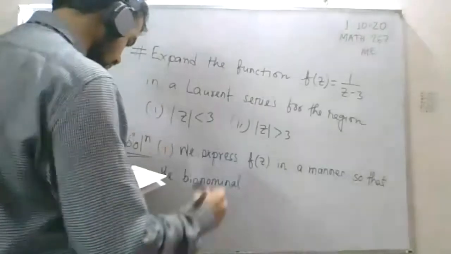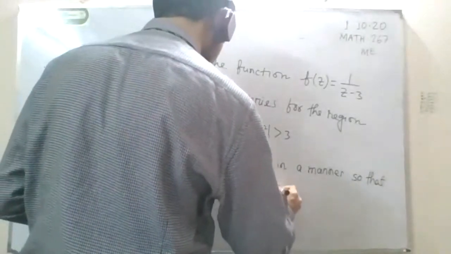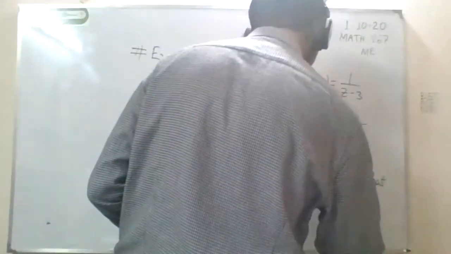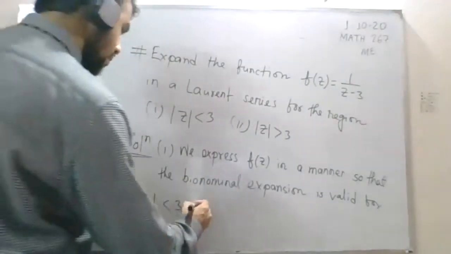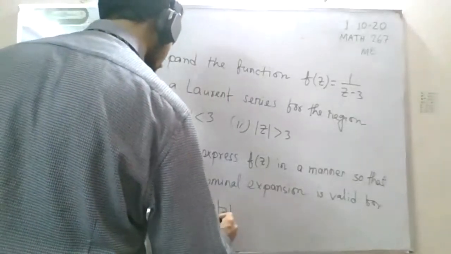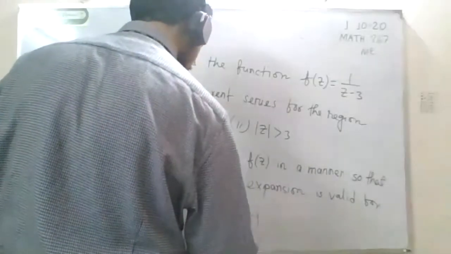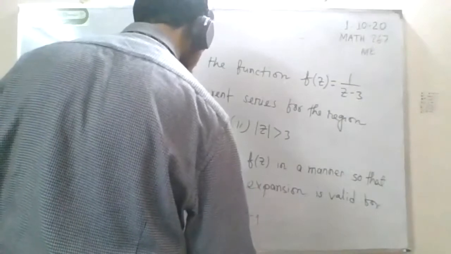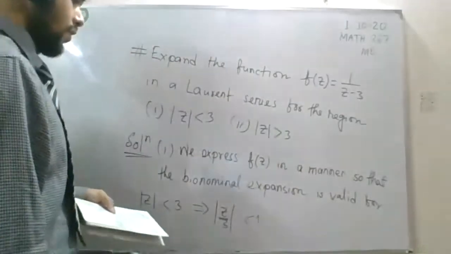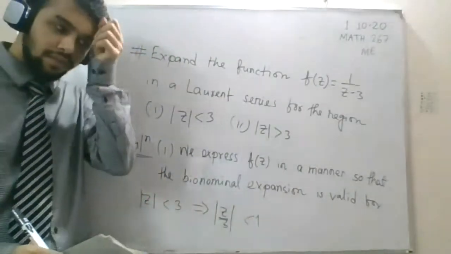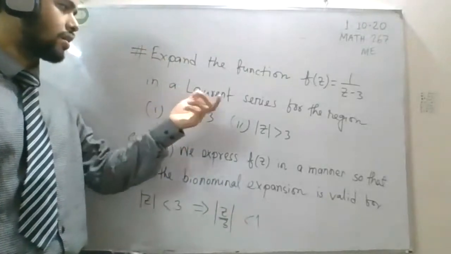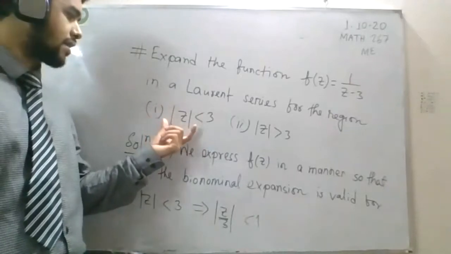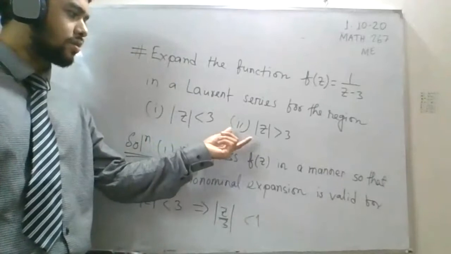Okay, so here I say: expand the function f(z) equals 1 by (z minus 3) in a Laurent series for the region 1 less than modulus of z less than 3, and also modulus of z greater than 3.